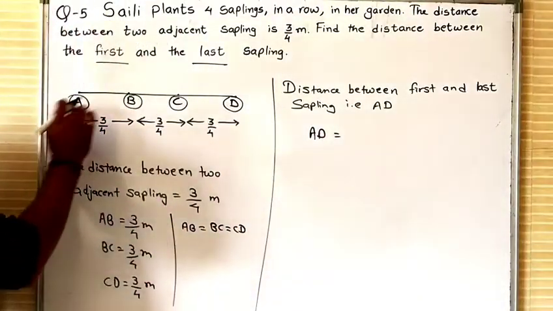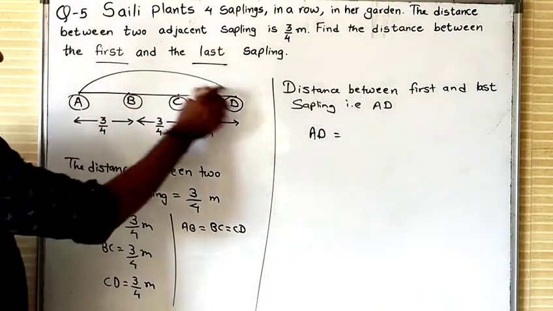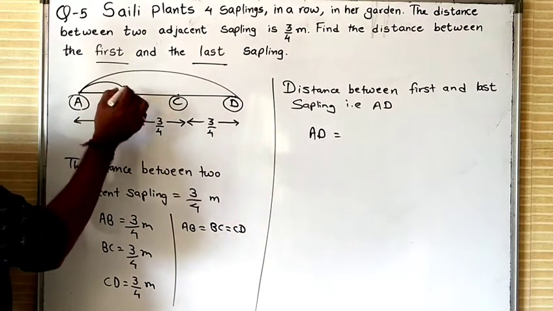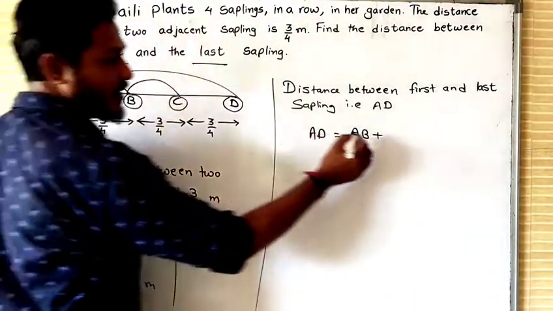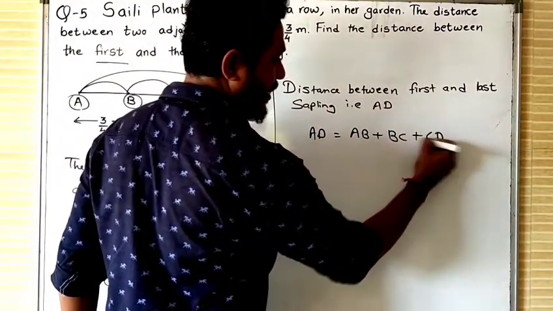Further the distance from A to D is what? Distance from A to D is equals to sapling A to B plus sapling B to C plus sapling C to D.